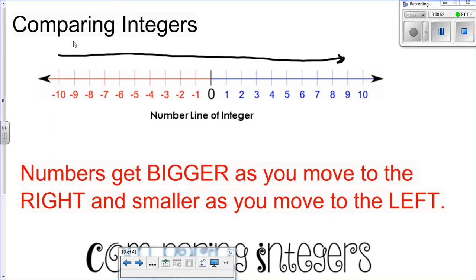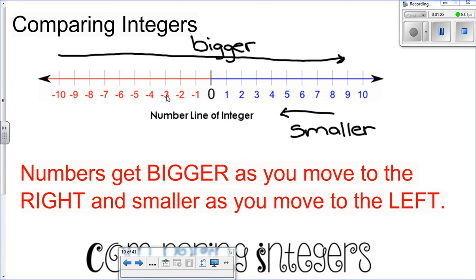The numbers are getting bigger, or larger, as we move to the right. Now as we move farther and farther to the left, our numbers are getting smaller. Okay? So the numbers get bigger as you move to the right and smaller as you move to the left.